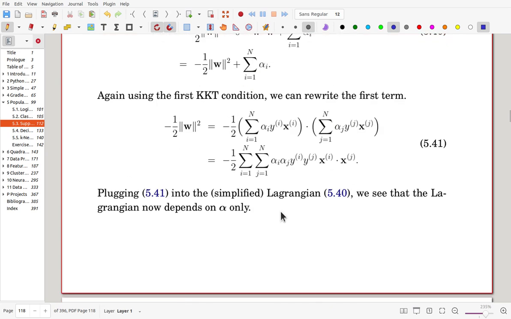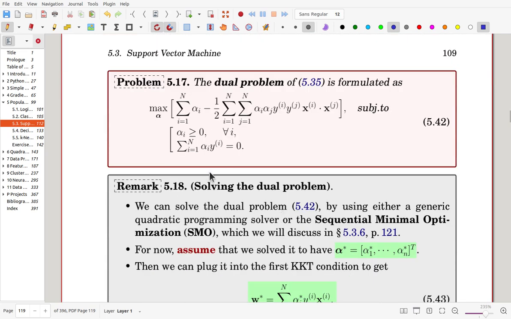So we have to solve it. It can be solved by using a quadratic programming solver, or we may use the sequential minimal optimization algorithm. At the end of the section, we'll deal with the algorithm in detail.